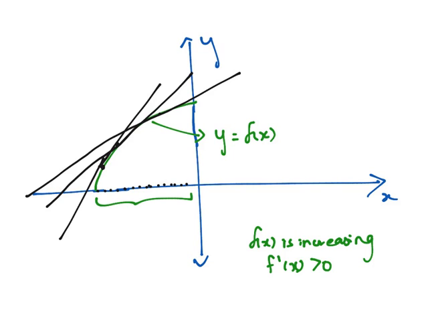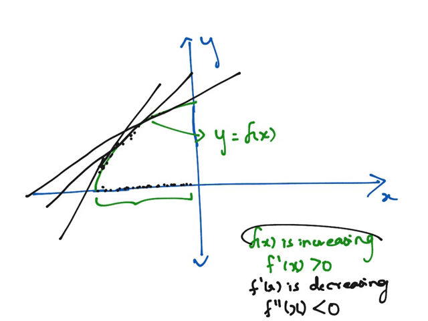Which means that f dash of x is decreasing, right? Which means that at these points on the curve, f double dash of x will be negative.